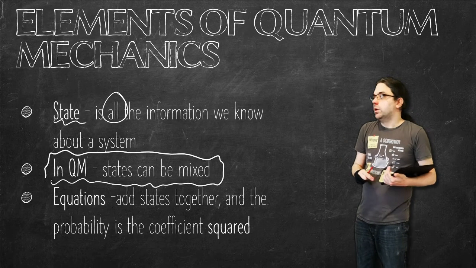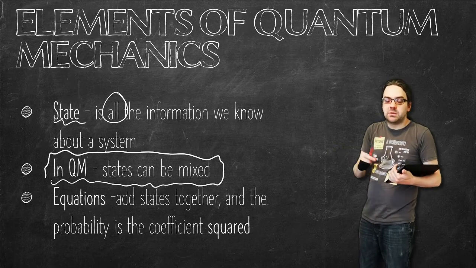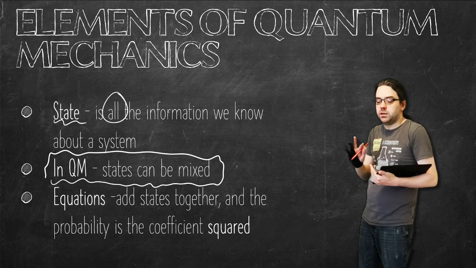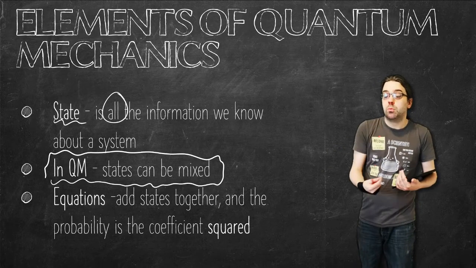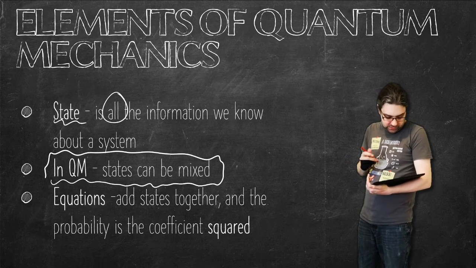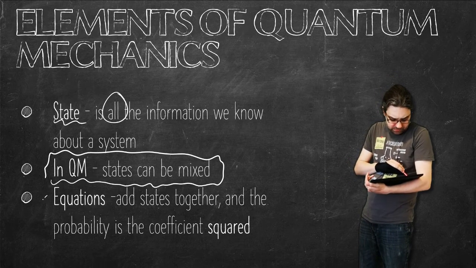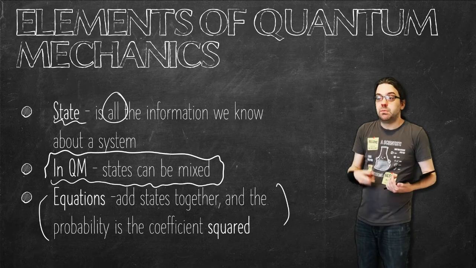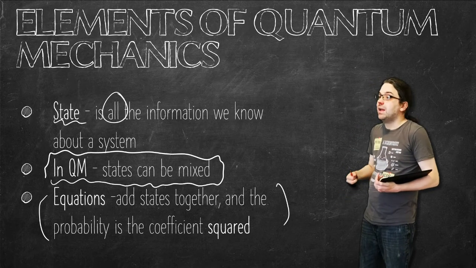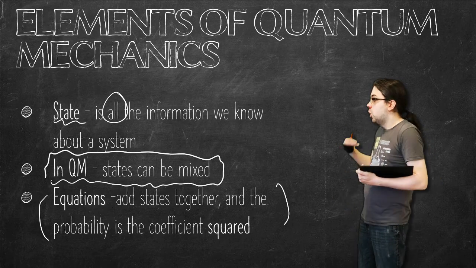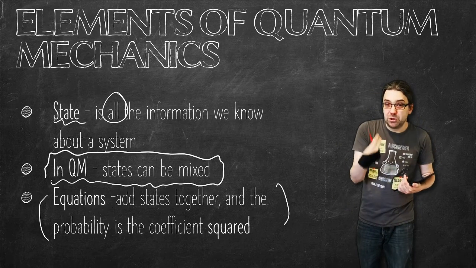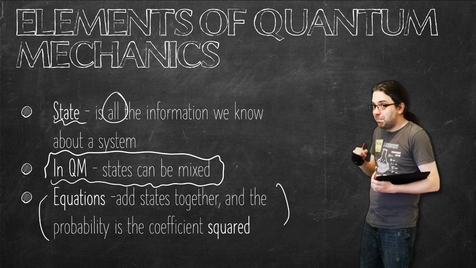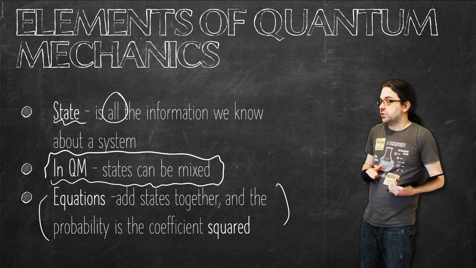So this means that we can take states and we can mix them together by adding them, multiplying them by different numbers, and we can build more complicated states out of that. And they're all represented by equations, so we can add them together and we can relate it to probability by squaring the coefficients. So if we have a complicated mixed state and we measure it, we will find a pure state with a probability of those coefficients squared.